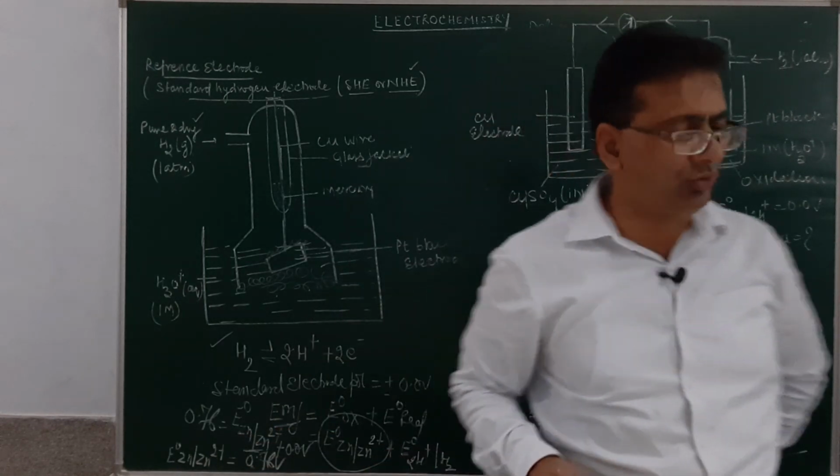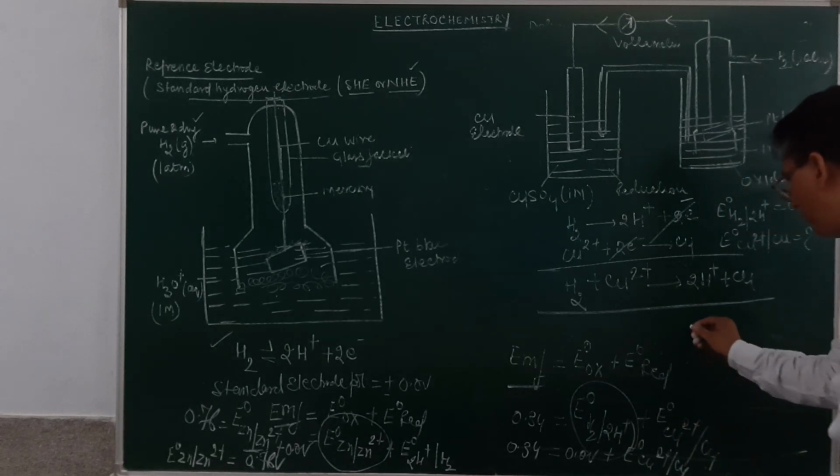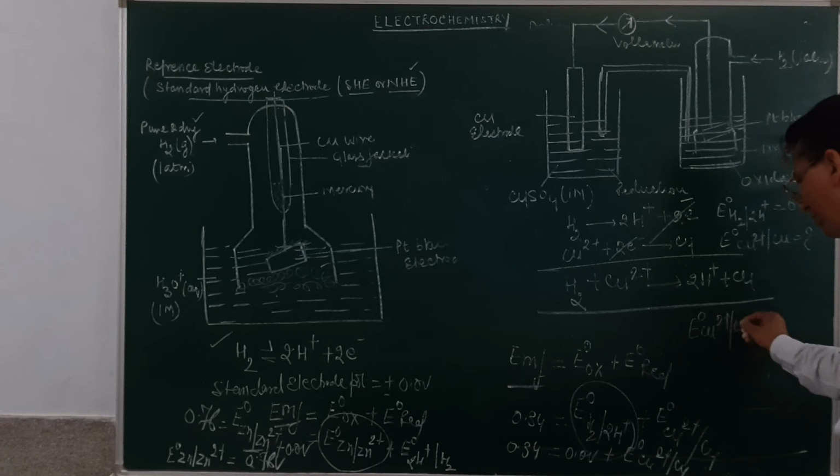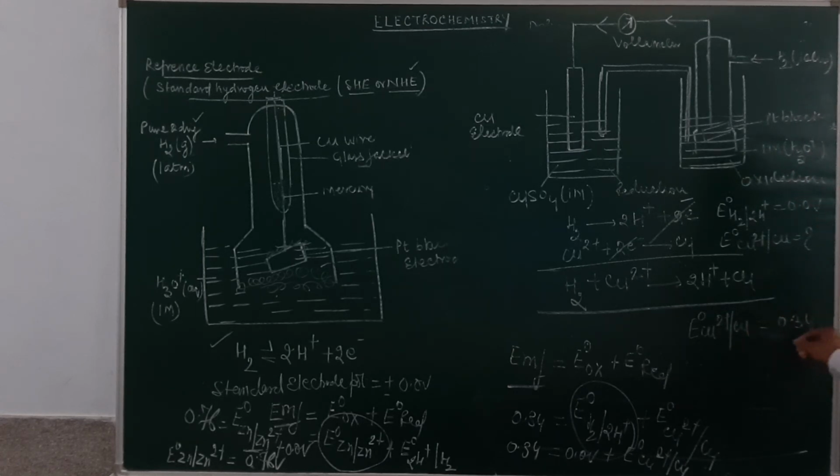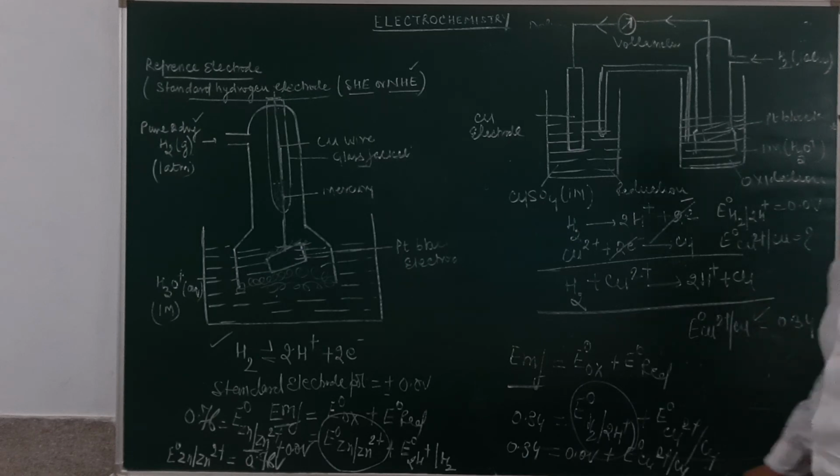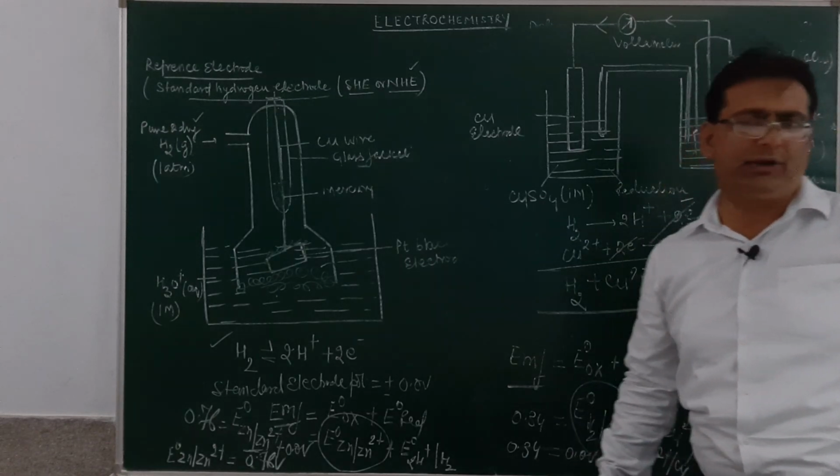So what do we find out? The E naught of copper 2 positive to copper electrode is equal to 0.34 volt. So just see, we have been able to determine the reduction potential of a copper electrode.